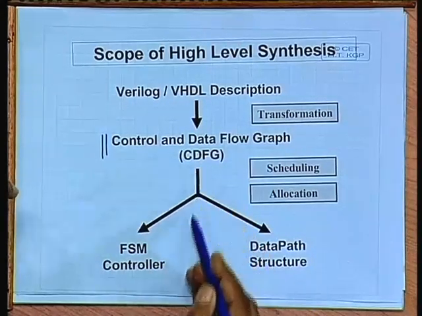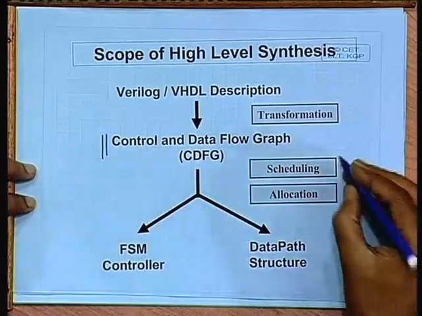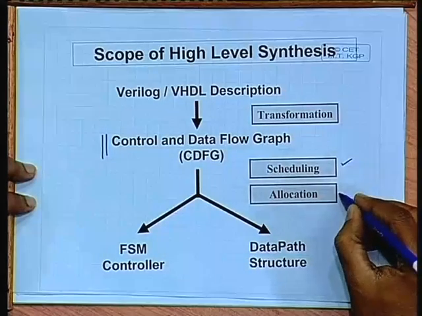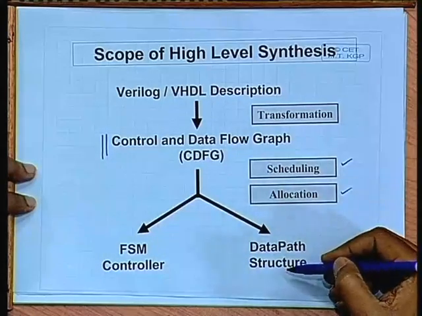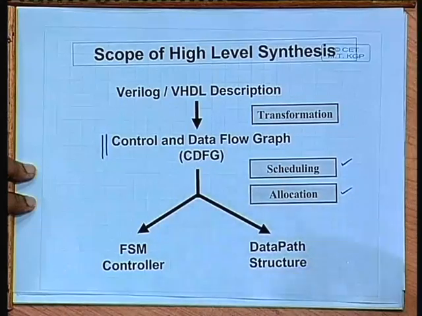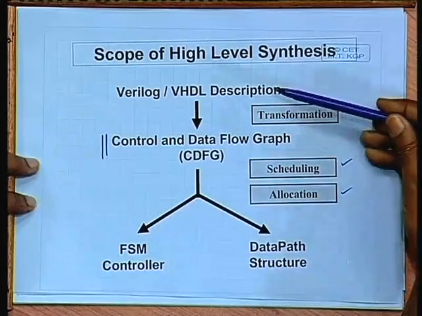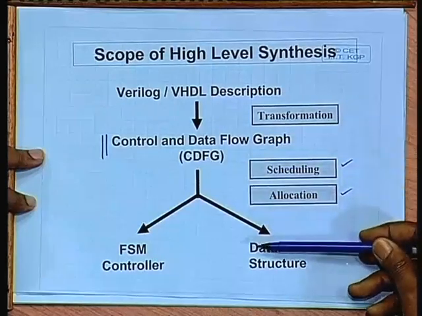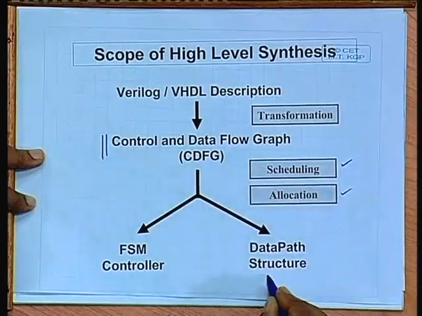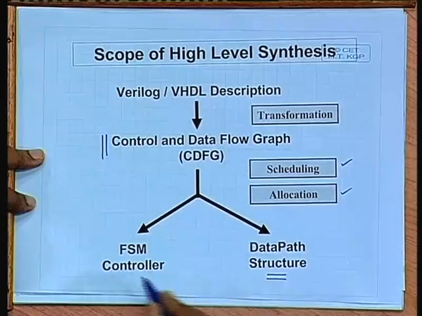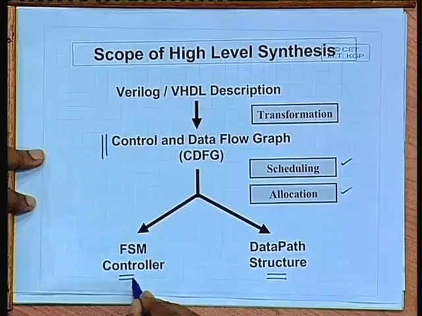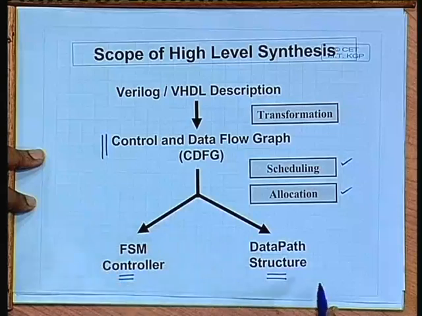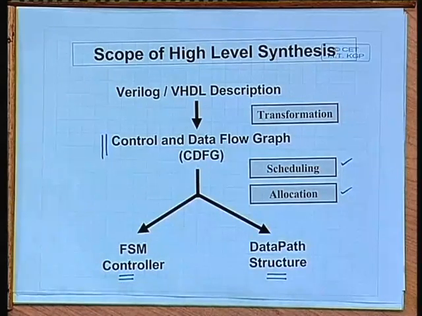There are again several steps to be gone through. The most important of these are scheduling and allocation. There are other steps also, we will be talking about them later. Finally, we will arrive at a data path structure and an FSM controller. At this stage we can say that our hardware has been synthesized.